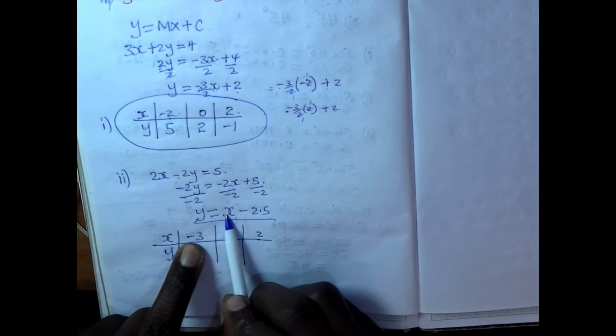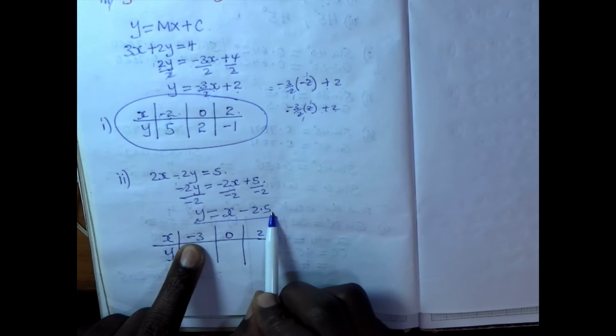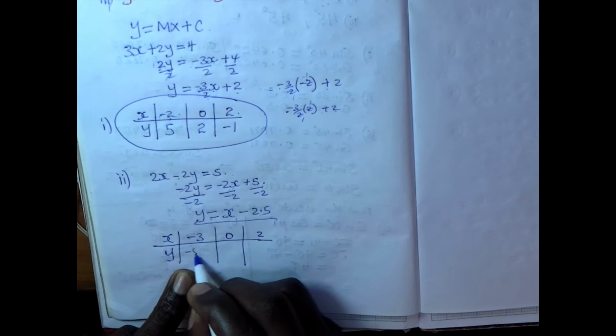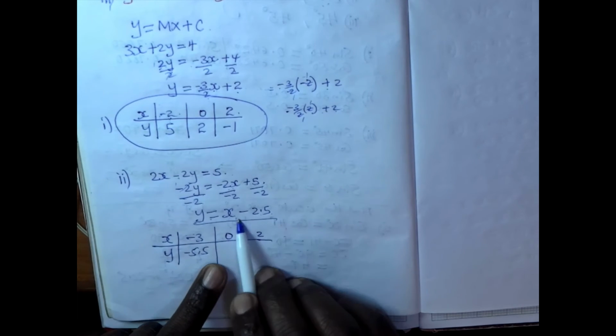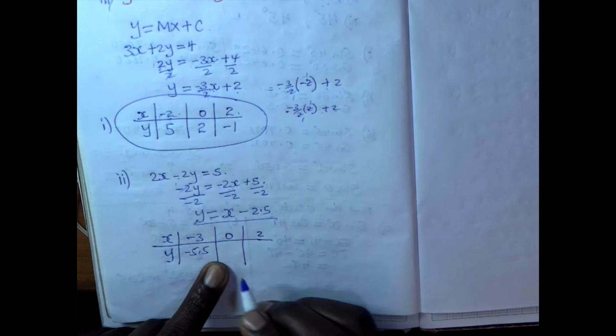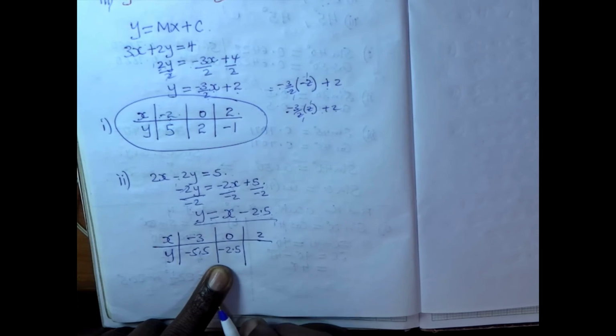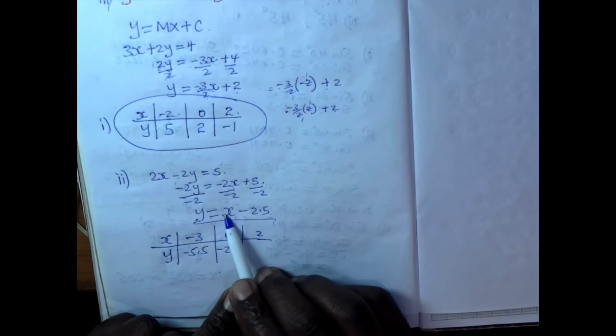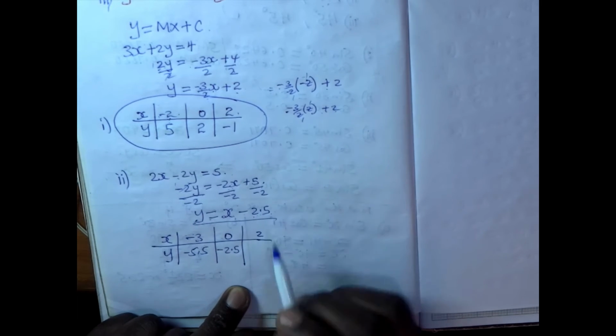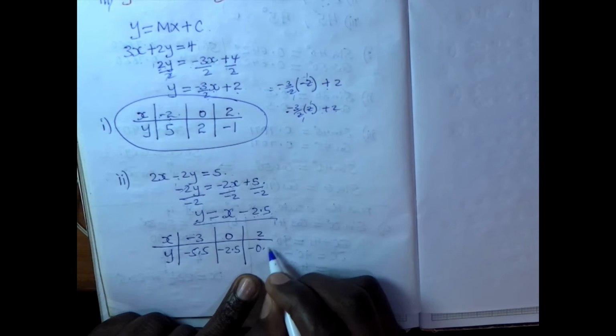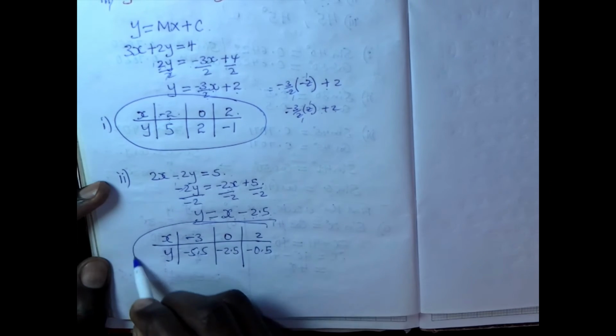Minus 3 minus 2.5, that will be minus 5.5. Then 0 minus 2.5, that will be minus 2.5. And then 2 minus 2.5, that will be minus 0.5. So this again will help us when it comes to drawing the graph.